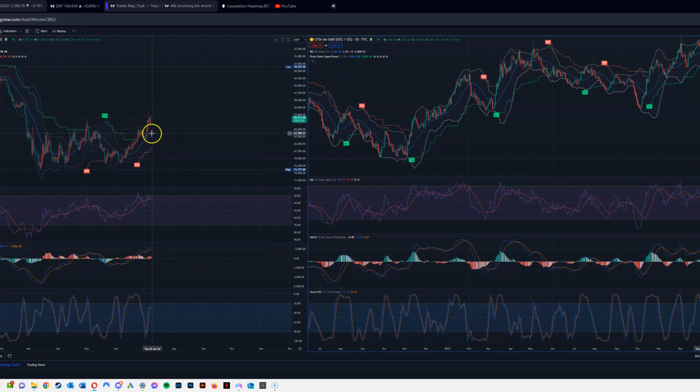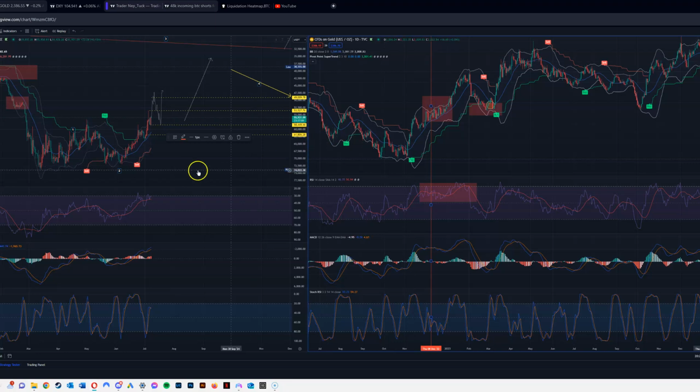The middle Bollinger Band is basically, I think, a 20 moving average of some sort. So that acts as a support along with this buy sell signal here. You will notice the buy sell signal in this section here is vertical.